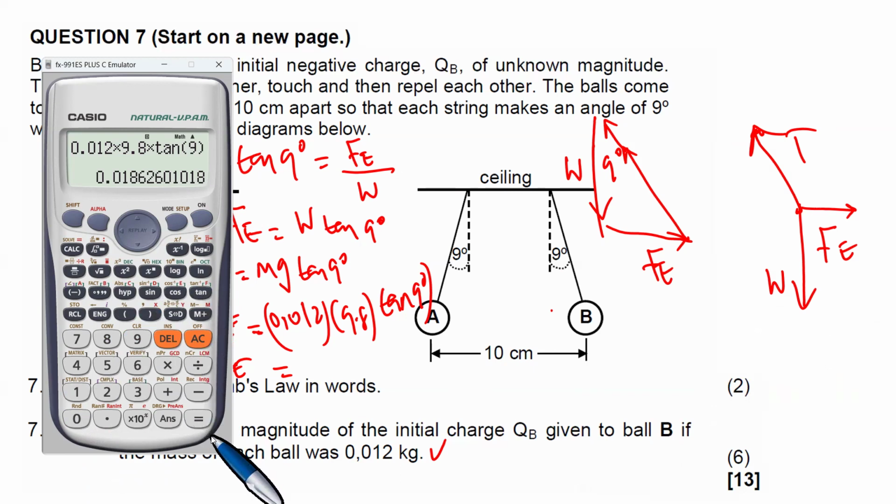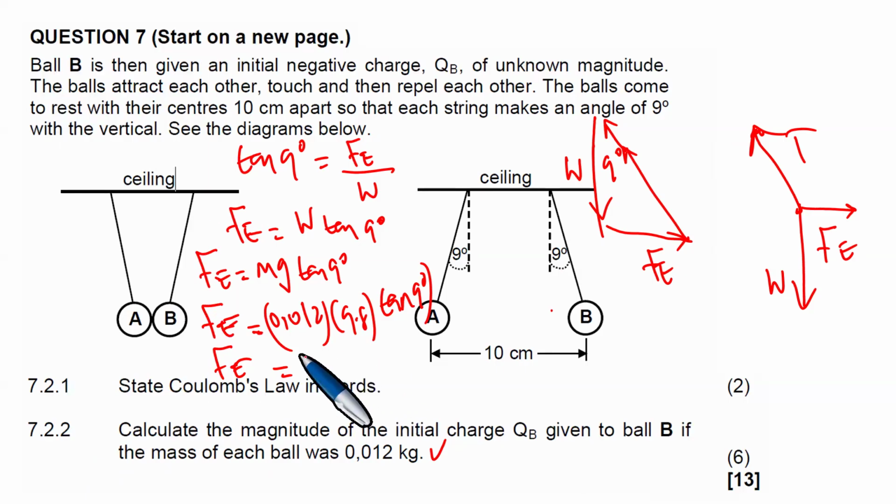Okay, then we're getting 0.0186 newtons. That is the electrostatic force that we've got.